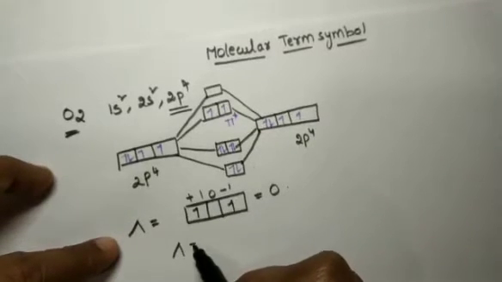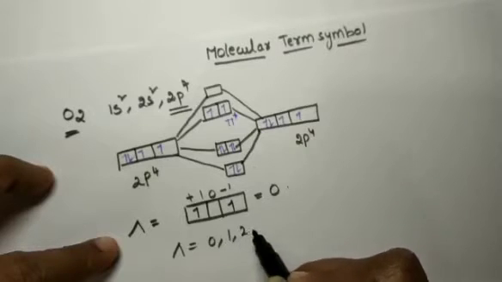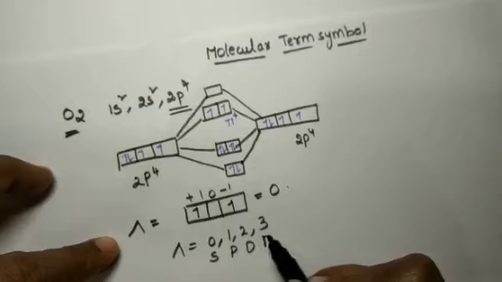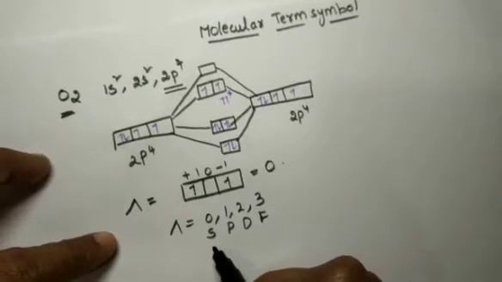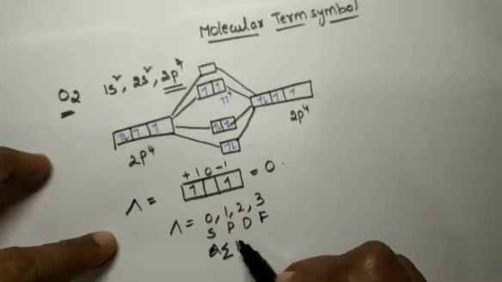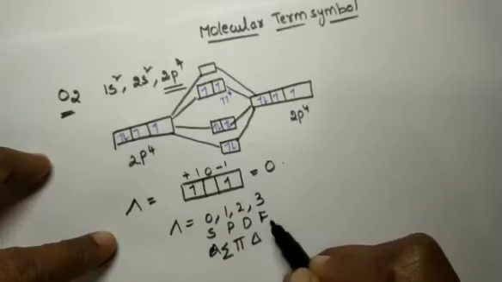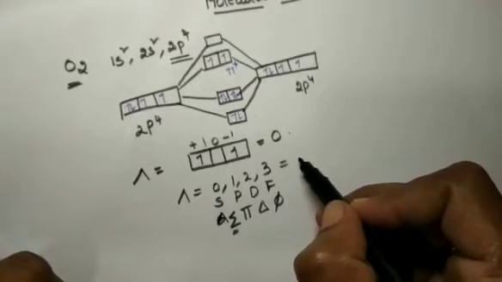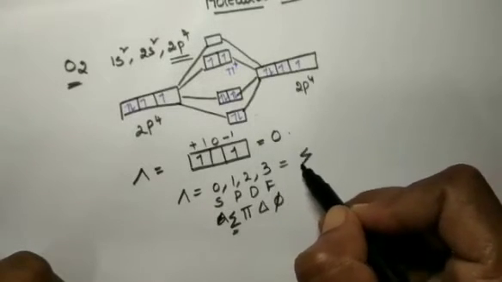Lambda values are 0, 1, 2, 3. S, P, D, F are atomic term symbols; sigma, pi, delta, phi are molecular term symbols. So here lambda is equal to 0, that is sigma.